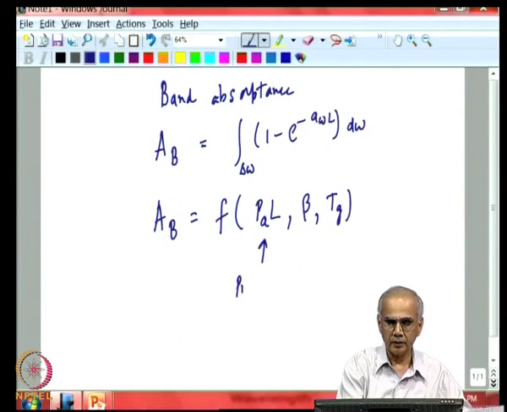This is called the pressure path length.